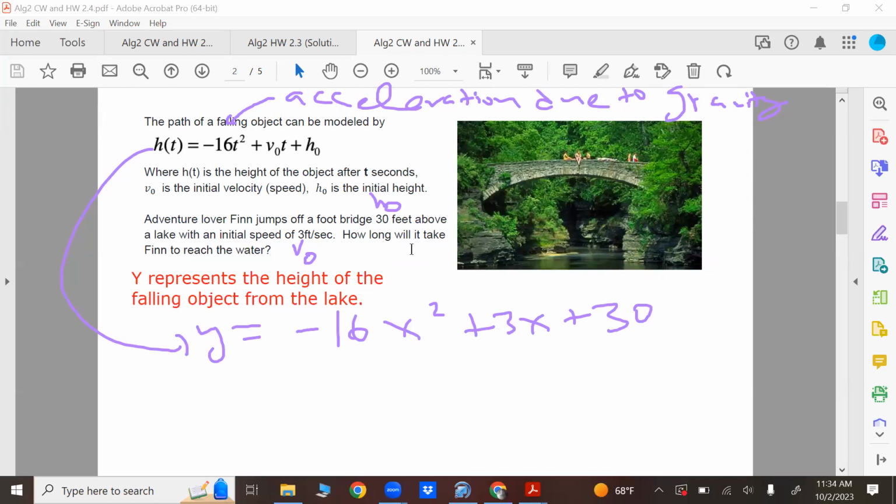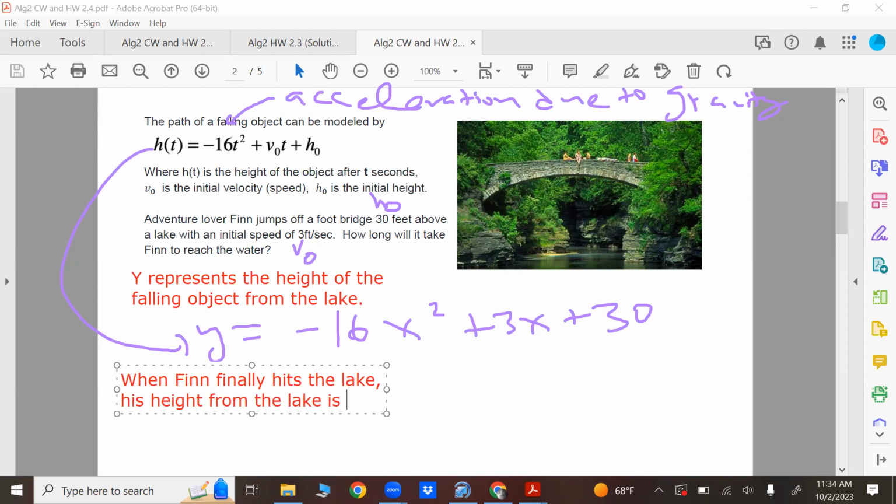Exactly. That is huge. So this is very important, guys. This is why people struggle with these problems. When Finn finally hits the lake, his height from the lake is 0. That means y equals 0. Now solve for x.